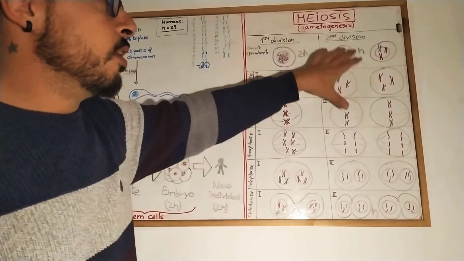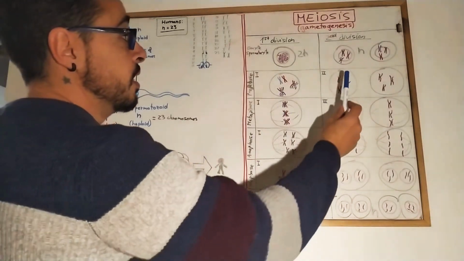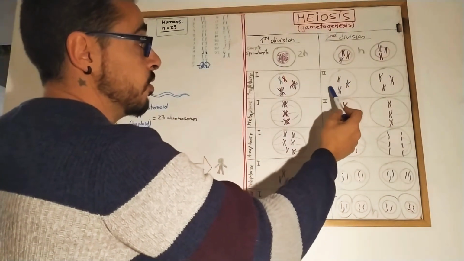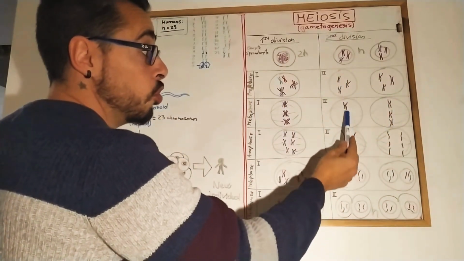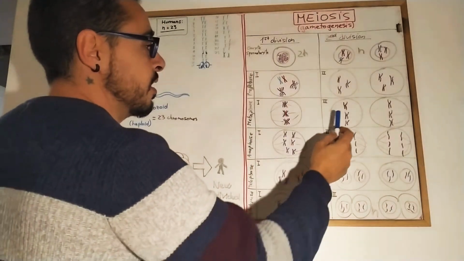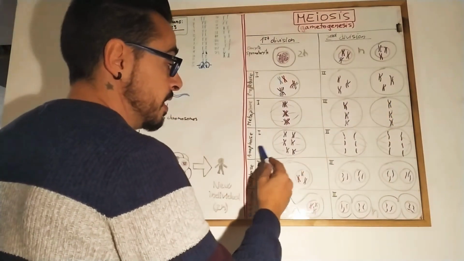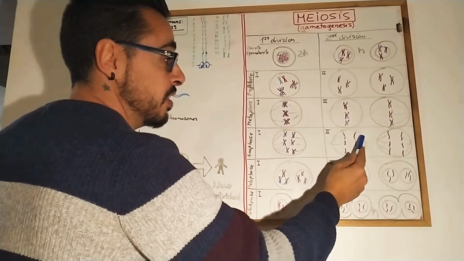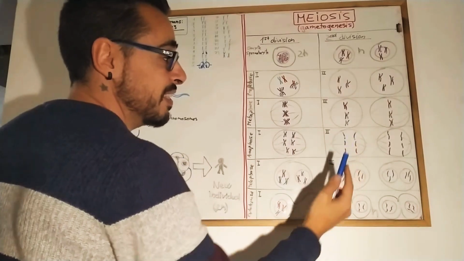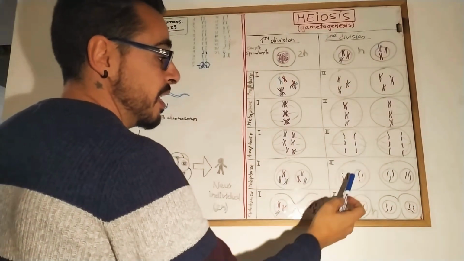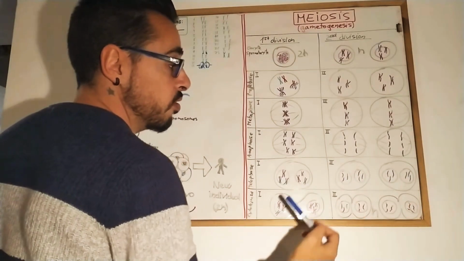Now, during the second division, it's going to happen just a normal mitosis. In prophase, the nuclear envelope disappears. The chromosomes, not the pairs, migrate to the equator of the cell. In anaphase, the mitotic spindle separates the chromatids, and we obtain 2 cells with 3 chromatids.